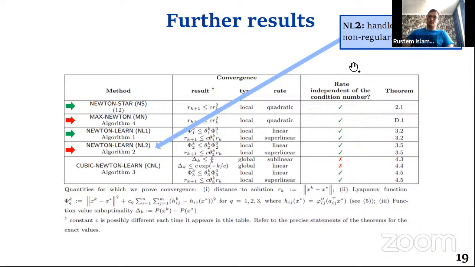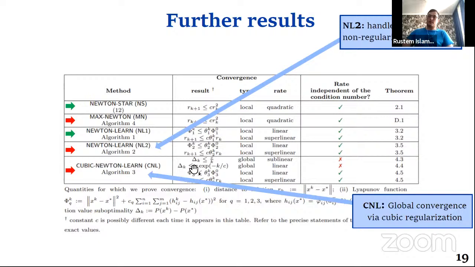So now we can use it as we want: we can add regularization or we can omit it. And we also have a globalization technique, a globally convergent method based on cubic regularization. You can see that it has global convergence rates and also local linear and superlinear rates. So this is the list of our methods.